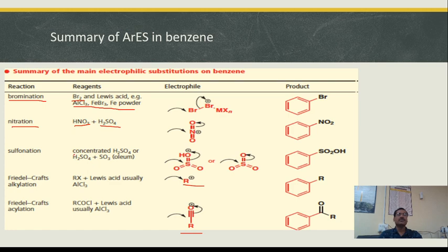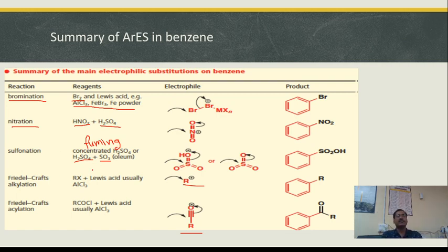In case of sulfonation, the source is oleum, which is SO3 in liquid form, or concentrated H2SO4, or fuming sulfuric acid. Fuming sulfuric acid is sulfuric acid which has a larger amount of oleum, meaning more SO3, which comes out in the form of fumes. If you open the bottle, you will see the fumes of SO3 coming out.